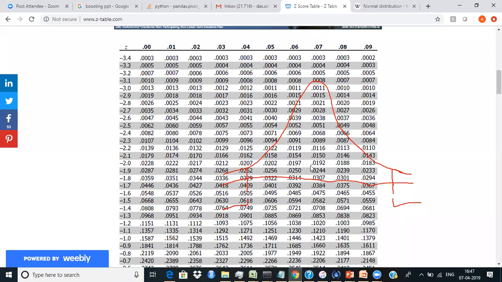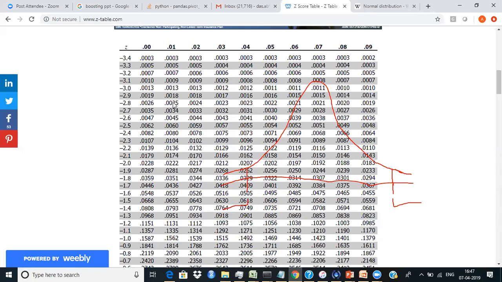Minus 2.81 is too small, this is 0.0025.